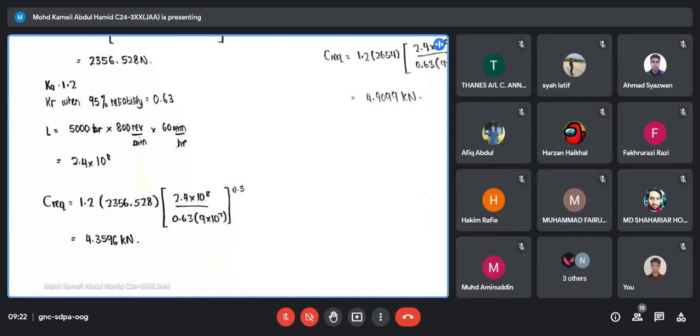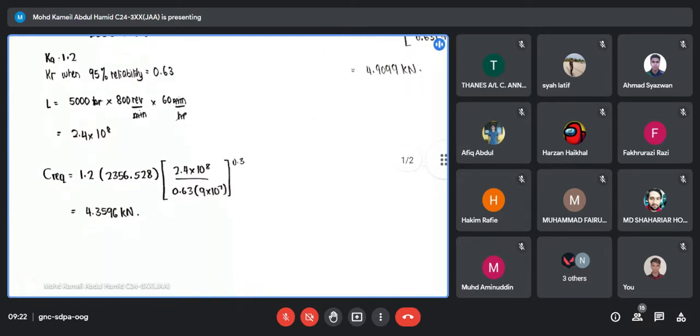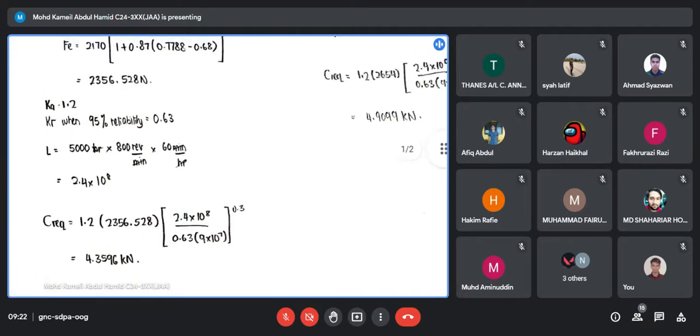Okay, so C required is good. 4.359. Okay, so C required. Okay, based on C required, check your table.